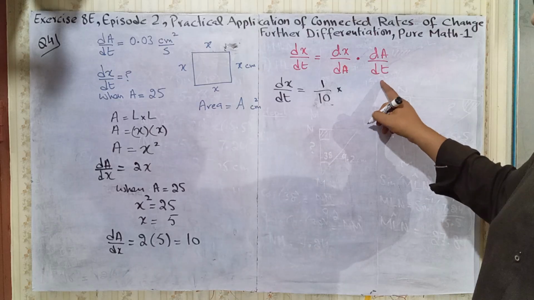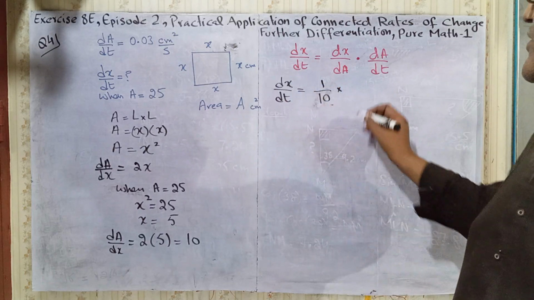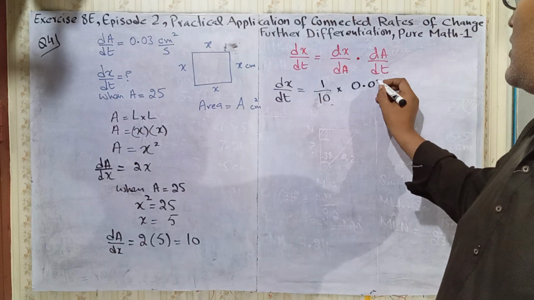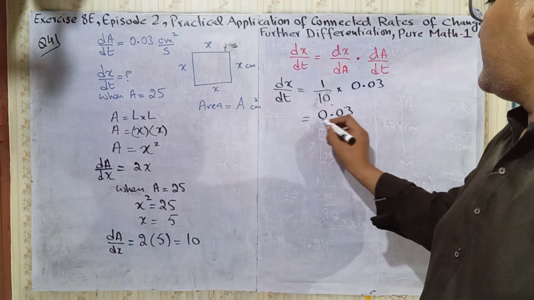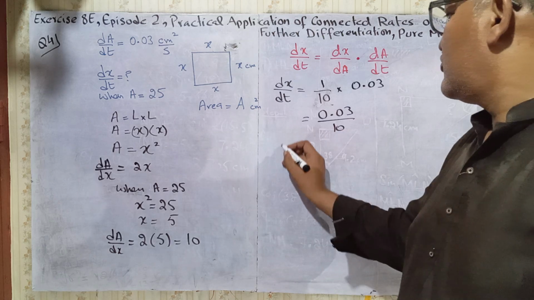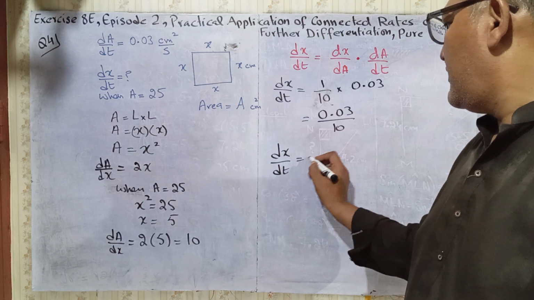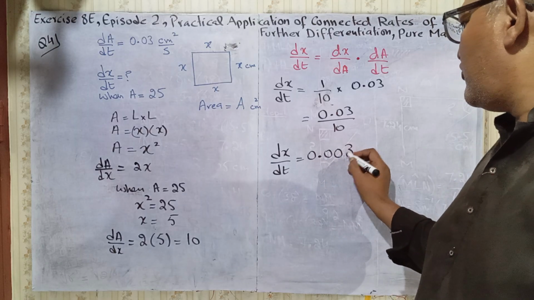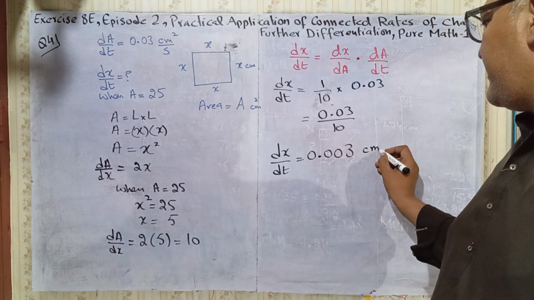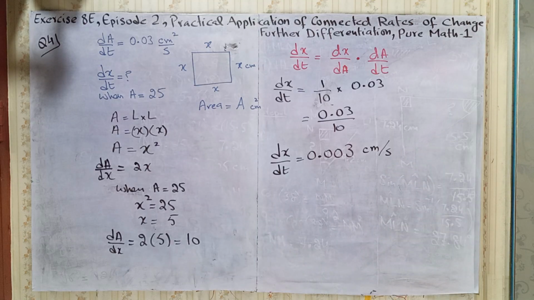Multiply by dA by dt, which is 0.03. So this is 0.03 divided by 10. So dx by dt will be 0.003 centimeters per second. This will be the rate of change in x.